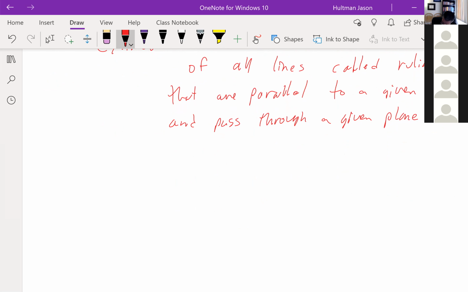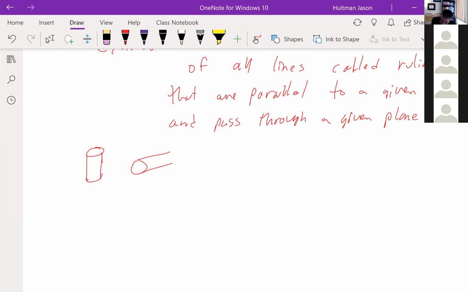You would think that a cylinder looks like this, but that's just one type of cylinder. That's your typical cylinder, right? It either looks like that or it looks like this.